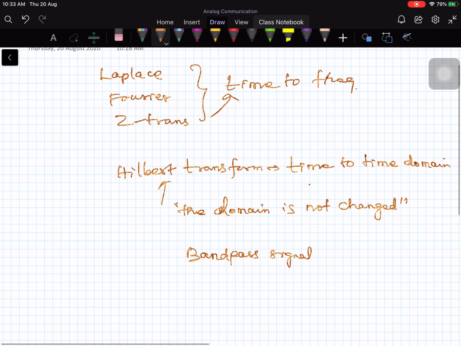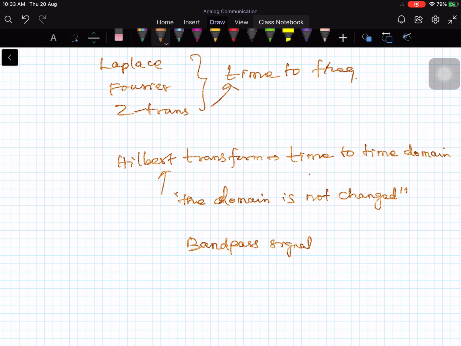Since we are going to deal with band pass signals quite a lot, it is useful to have this analytical tool available to us. The Hilbert transform is an analytical tool for representing the band pass signal.